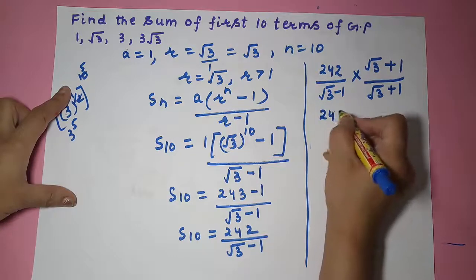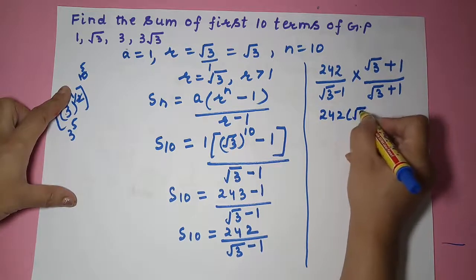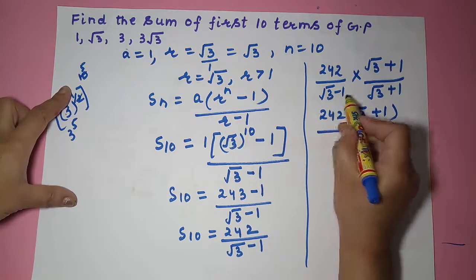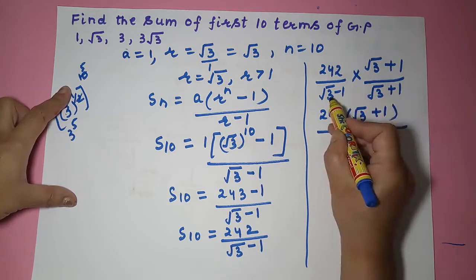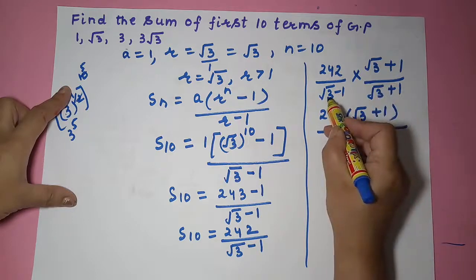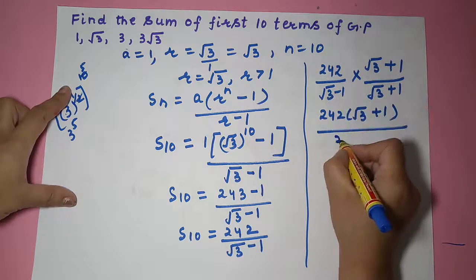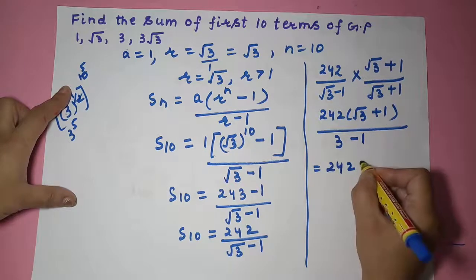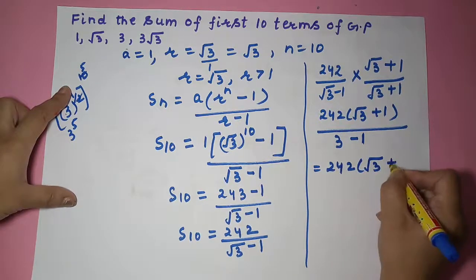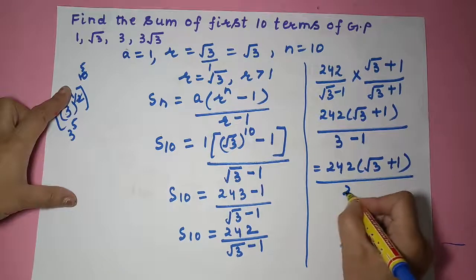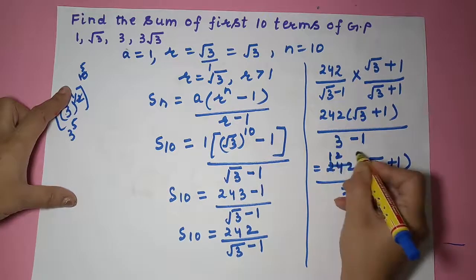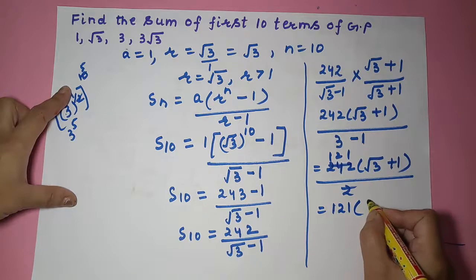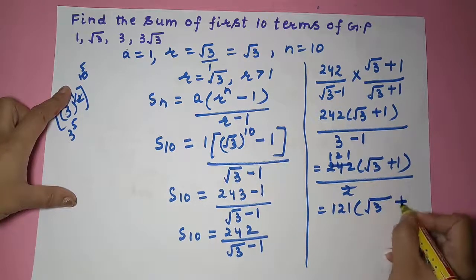Now 242 into root 3 plus 1 divided by, this becomes a minus b into a plus b, so a square minus b square. Root 3 whole square is 3, minus 1. So finally I got 242 into root 3 plus 1 upon 2. So 2 ones are 2, 2 twos are 2 ones are. So my final answer is 121 into root 3 plus 1.